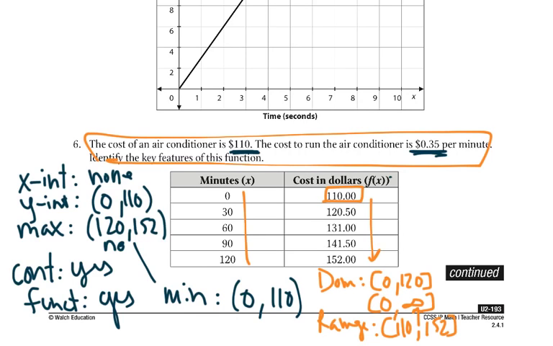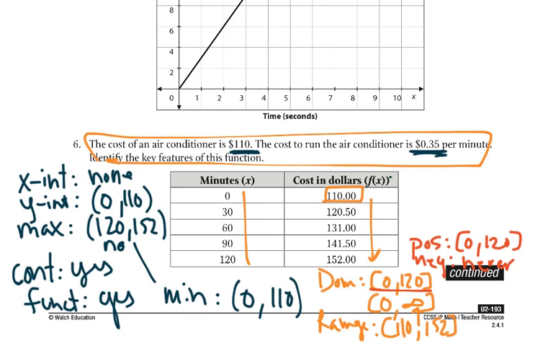Now, positive: it's always going to be positive, so same as domain, right? So 0 to 120 or 0 to infinity, depending on if you're just looking at the table or going with the story problem. It'll never be negative, you'll never earn money back.